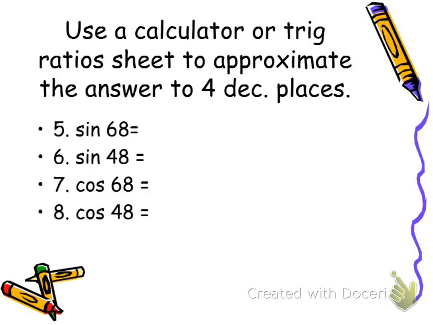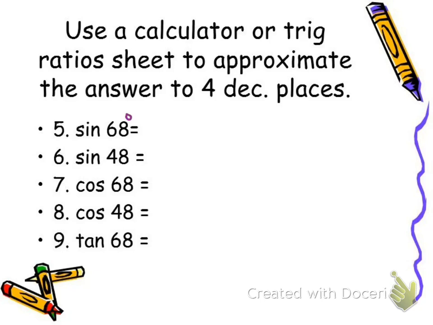All right, this next set of examples is when that sheet that I gave you could come in handy, or you can use a calculator. But if you don't have a calculator with you, that sheet will give you the answers to these questions. This time we are given degree measures.